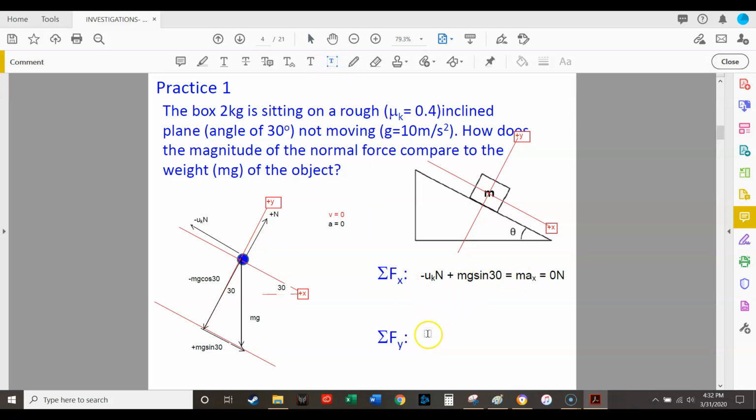Now I'm going to do the y direction. The y direction looks like I have only two vectors, a normal force up and mg cosine of 30 degrees down. So I'm going to put positive capital N minus mg cosine of 30 degrees.